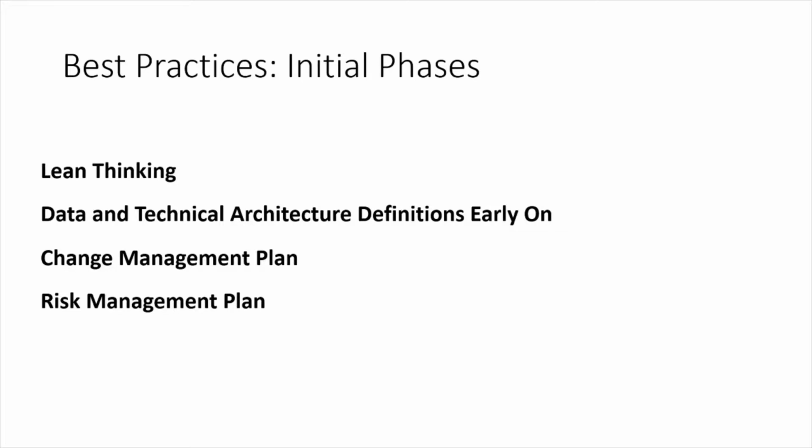This is really good stuff to apply. Now we need to think and elaborate some data and technical architecture definitions early on, because otherwise it would be complicated to get into this stuff while we already have some increment and some development in progress, and this stuff is at some advanced stage.